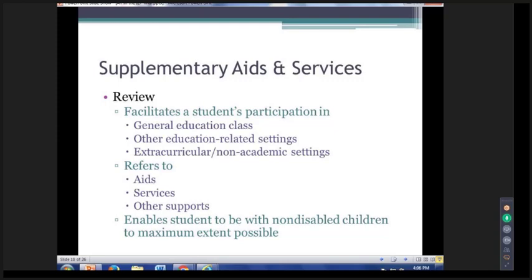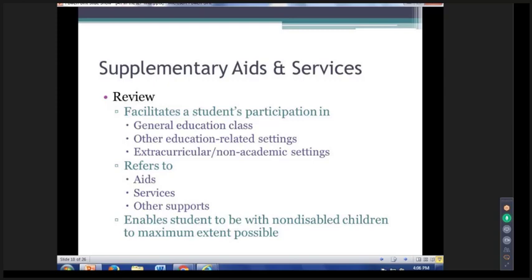The third place is supplementary aids and services. Again, just a little bit of a review about what goes in this section. We're going to, through this section, facilitate a student's participation in things like the general education classroom, other education-related settings, and any extracurricular or non-academic settings.